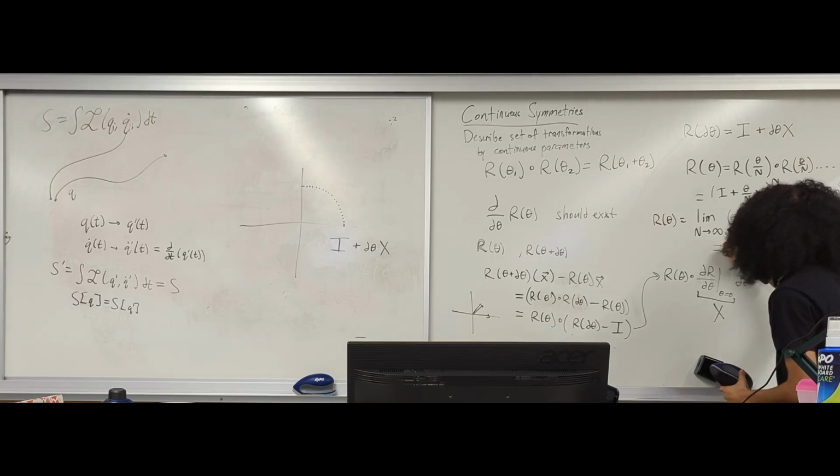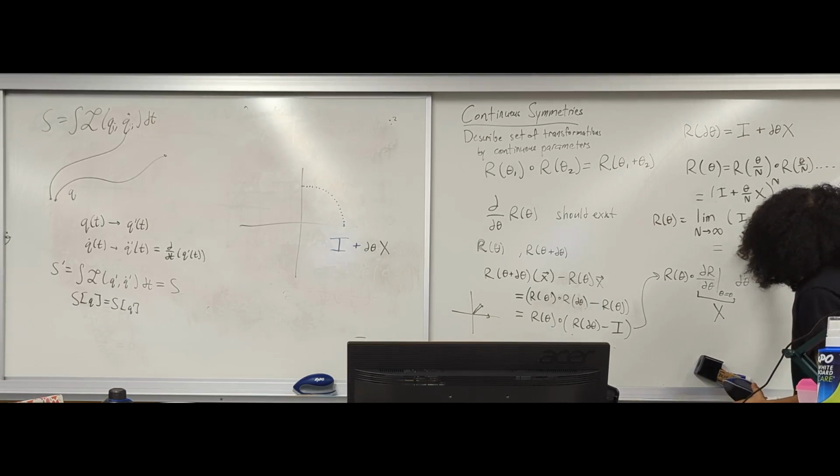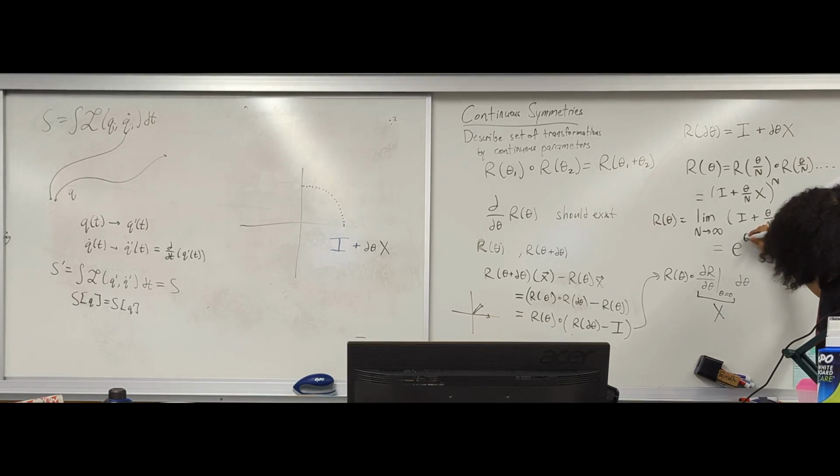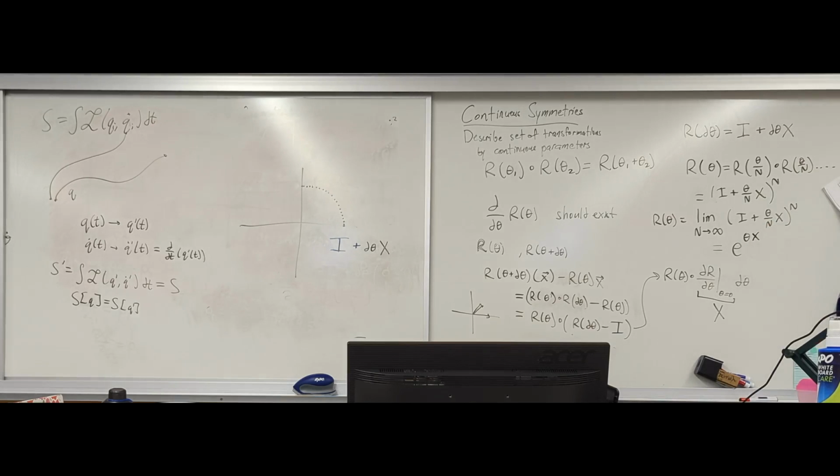What you can call this thing then is e to the power theta X. So we're raising e to the power of a transformation, which I'm sure is very weird for you. But what it's really expressing is this sort of repeated multiplication, which is the composition of functions here, over some infinitesimal parameter.